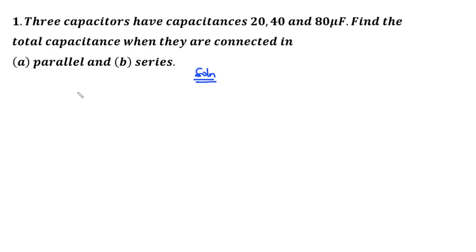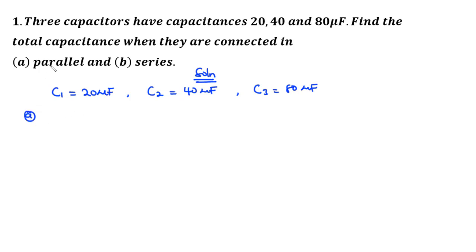From the question, we are given 3 capacitors: C1 equal to 20 microfarads, C2 equal to 40 microfarads, and C3 equal to 80 microfarads. We want to find the equivalent capacitance when they are connected in parallel and in series.